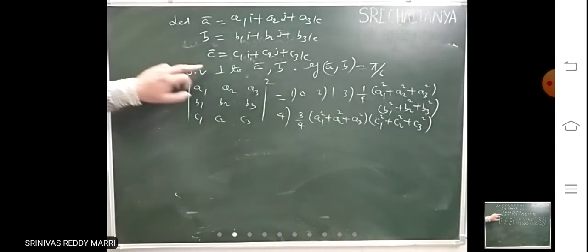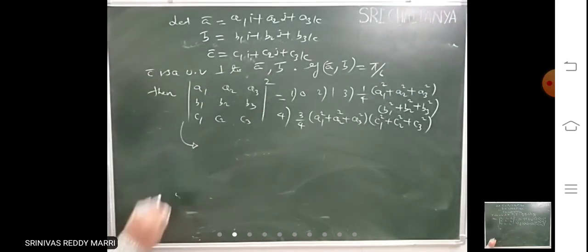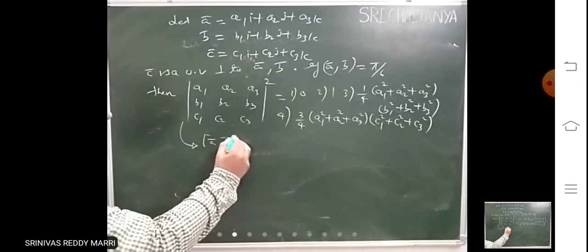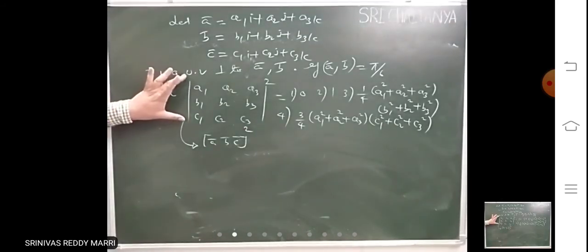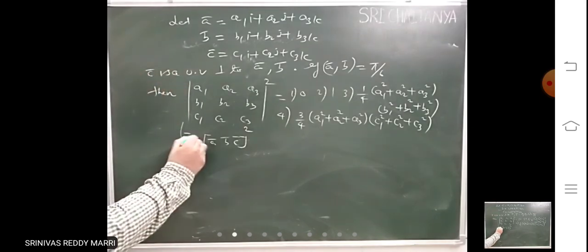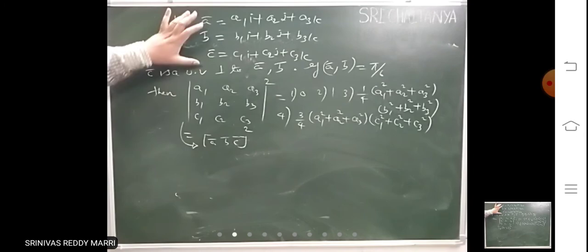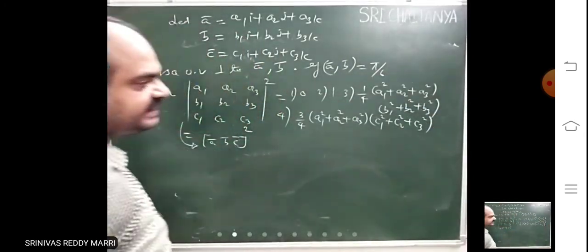Now look here. This given one, you can easily say this determinant is nothing but box of A bar, B bar, C bar whole square. This given determinant is nothing but box ABC because i, j, k is there. Box ABC whole square is the value he is asking.